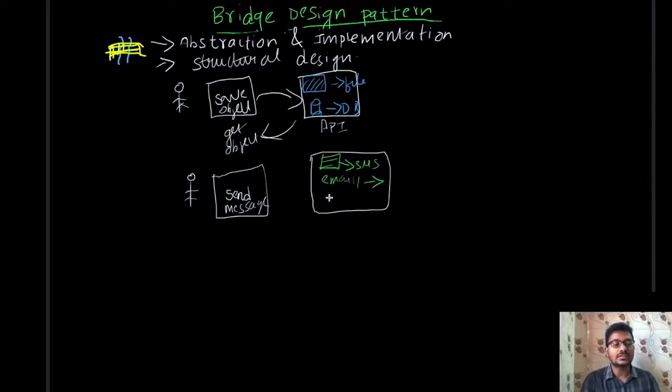If the end customer uses FB, then we are using Messenger, and this message would be sent. So here the technical information would be hidden from the client. The client can just call some method to use those technical details. So these are some real life examples where the bridge design pattern is playing a major role.